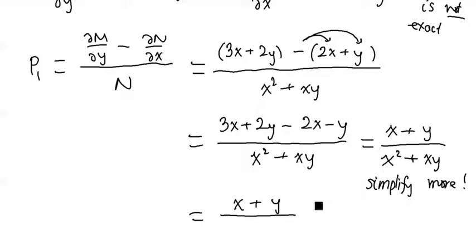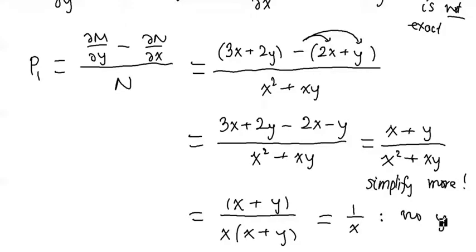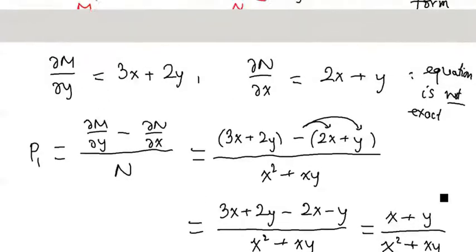However, the denominator has a common factor of x. We take it out, and we will have x times x plus y. And voila, we can cancel the x plus y in the numerator and the x plus y in the denominator, which gives us 1 over x. So we see that there is no y in it, like what case 1 is about.